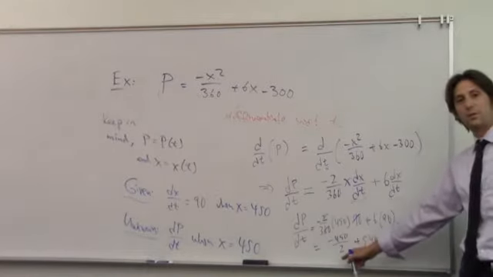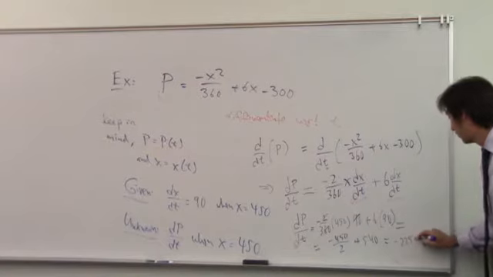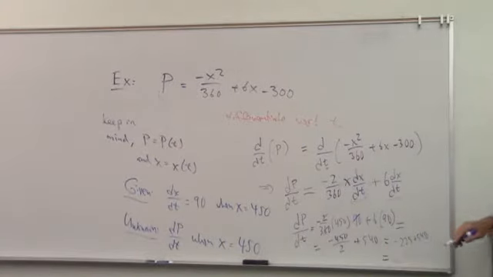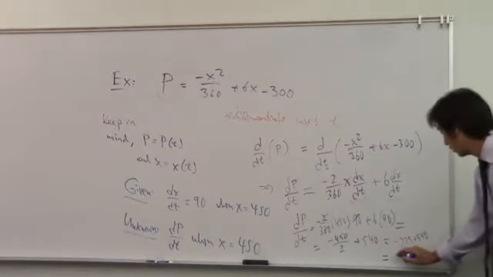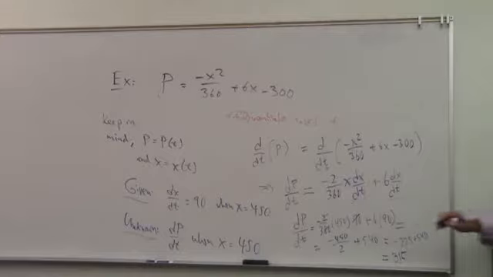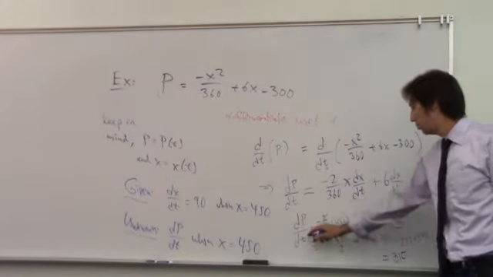Negative 450 over 2 is negative 225 plus 540. And so the value that we're getting here is 315. And the units of this are the units of dp/dt. In other words, dollars per day.